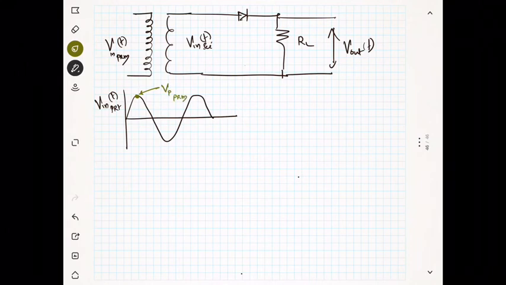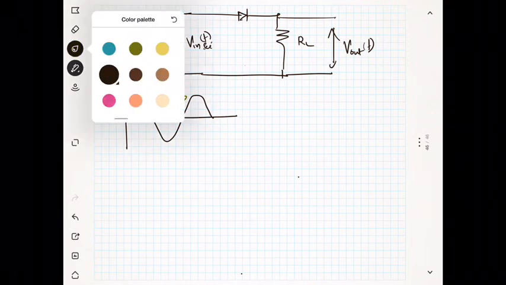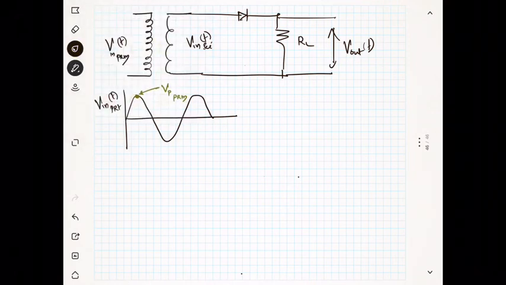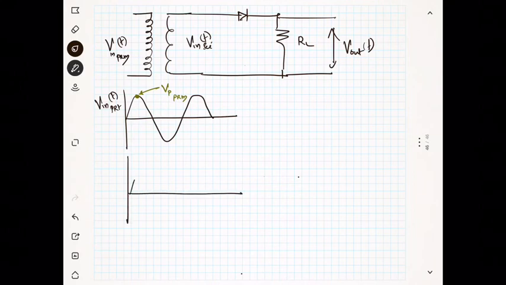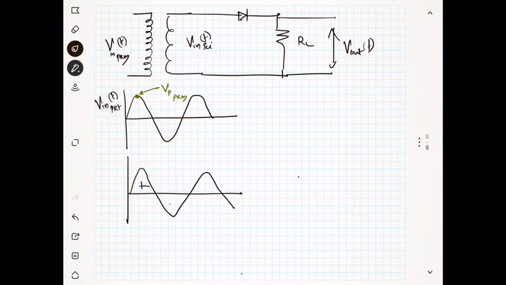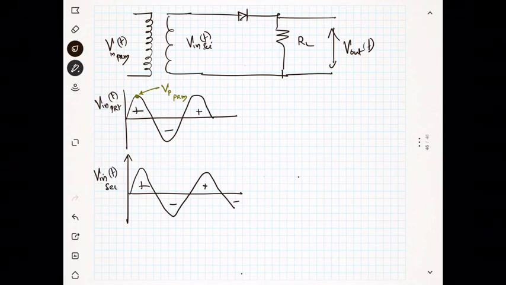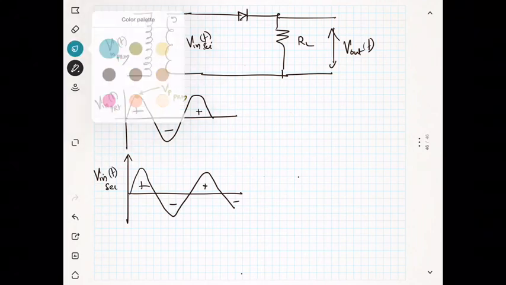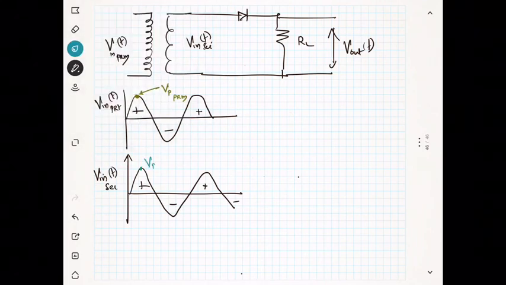Now what will be my V secondary? My V secondary will be some voltage like this, same thing: positive, negative, positive and negative. This is V in secondary as a function of time, and the maximum voltage I will call VP secondary.